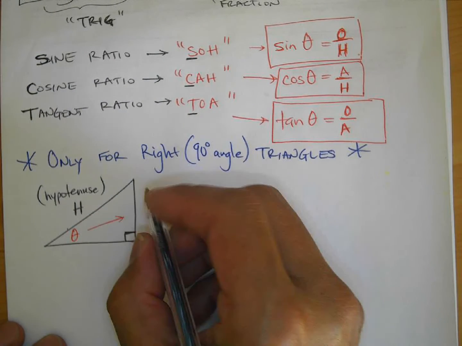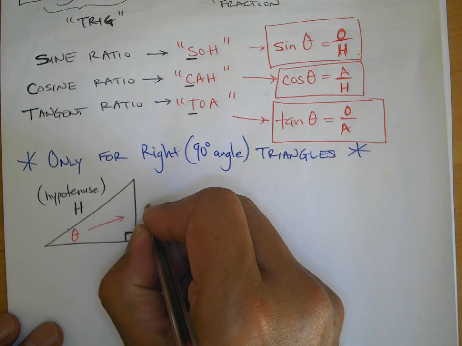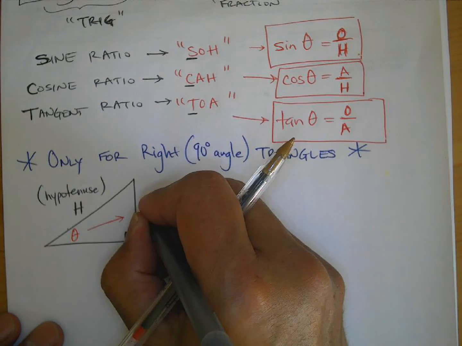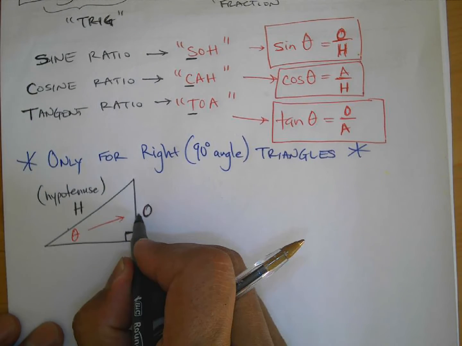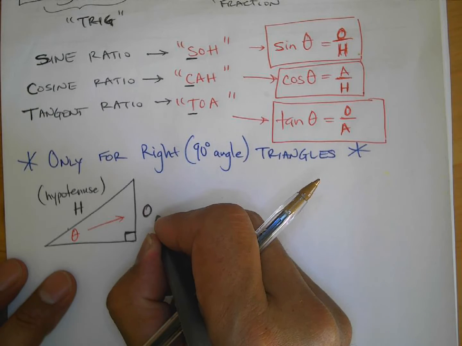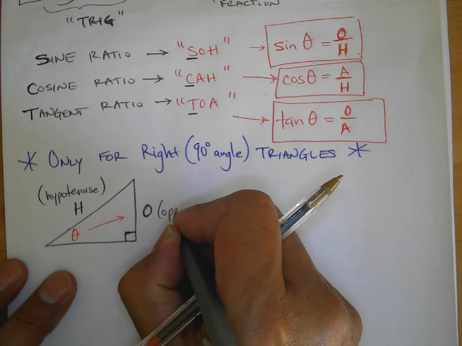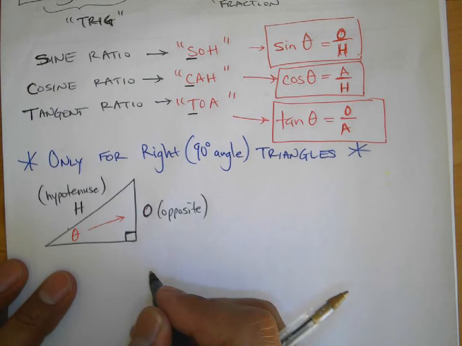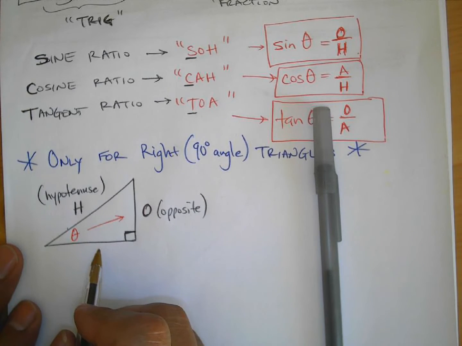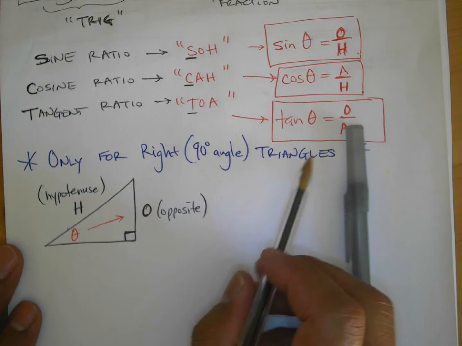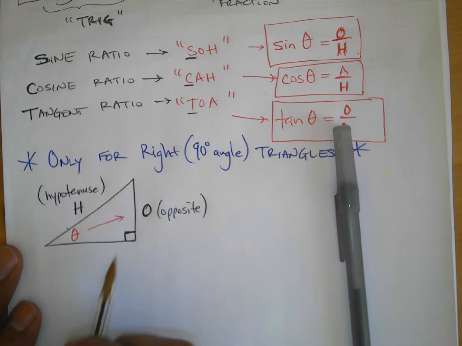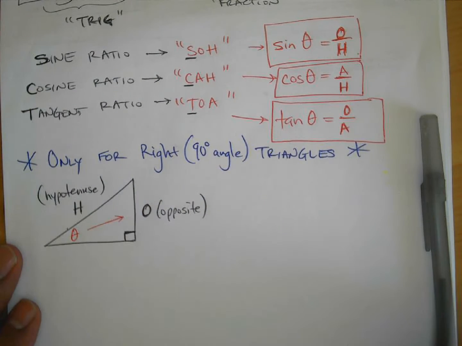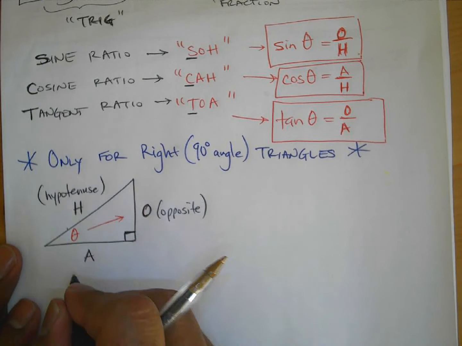This would be your opposite side, your O side. It's opposite of the angle. And then what's the last one? Well, obviously there's only one more letter, the A. It's only an H, an O, and an A. That makes this your A, your adjacent side.